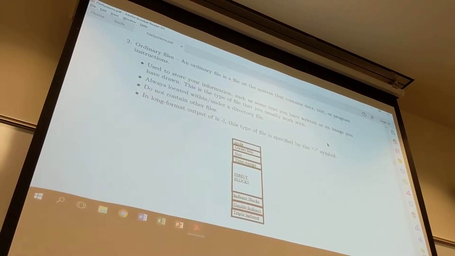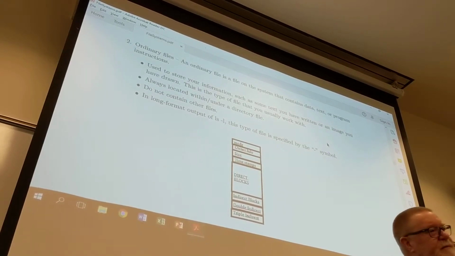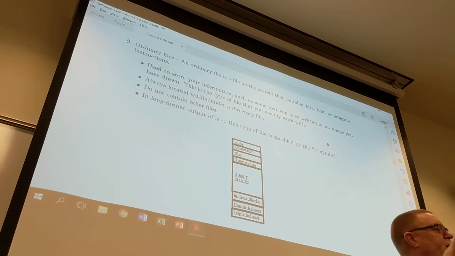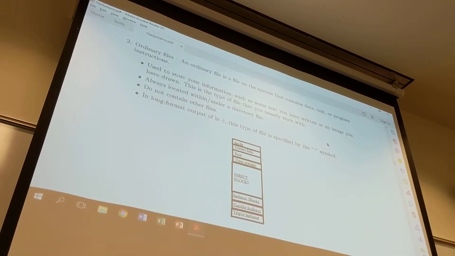Now, oddly enough, when you do an ls -l, the very first of the mode bits, on the left-hand side, before the rwx, rwx, rwx: if it's a dash, it means it's a regular file. If it's a d, it means it's a directory.